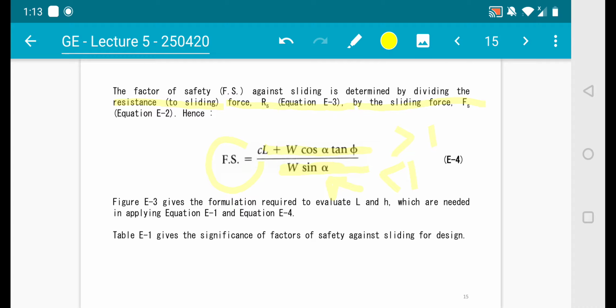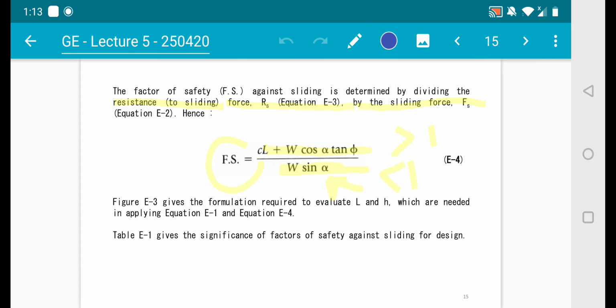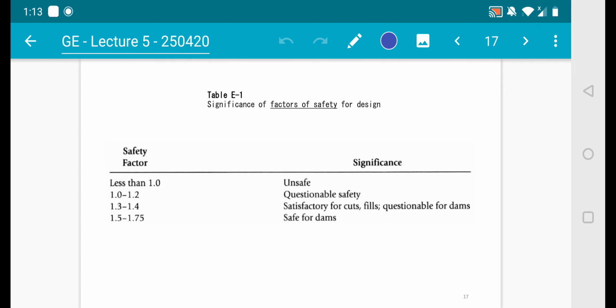Now we have table E1, and it gives the significance of factors of safety against sliding for design. So what does this show us? So this is table E1, the significance of factor of safety for design. If the safety factor is less than 1, your significance is unsafe, as I mentioned earlier.